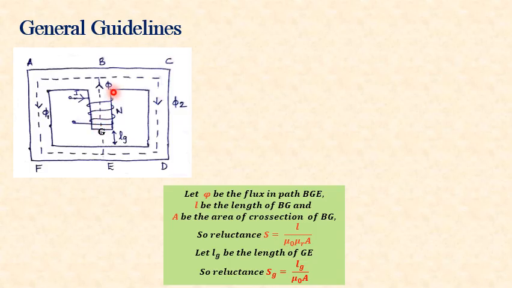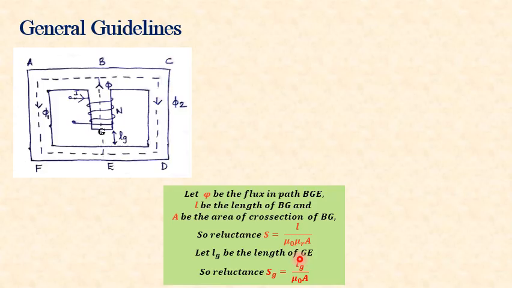So the reluctance S of the path BG, S is the reluctance of only BG, and that is given as S equal to L by mu 0 mu r into A. And similarly, through the air gap also the same flux phi is passing. Let Lg be the length of the air gap. Then the reluctance of this air gap, Sg, is equal to Lg by mu 0 into A, since in this case mu r equal to 1, since the material is air.